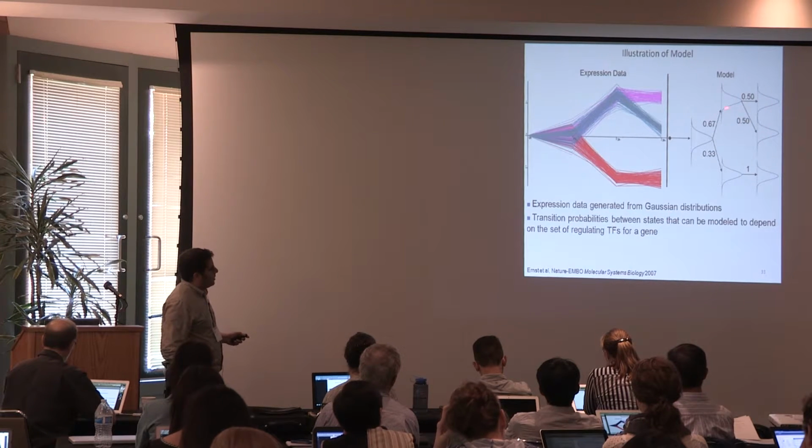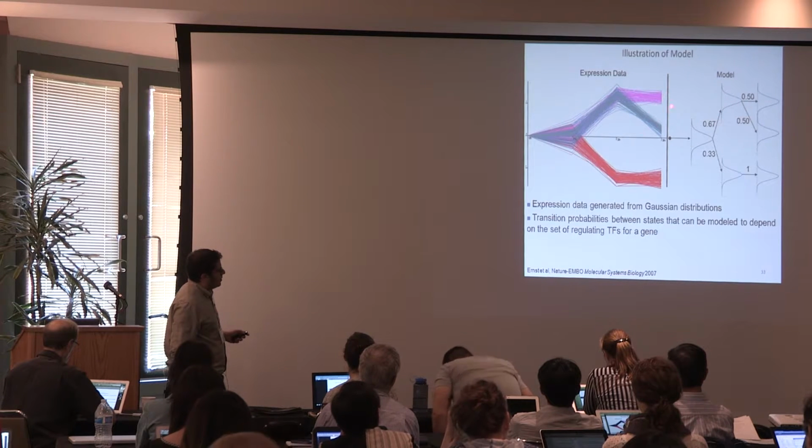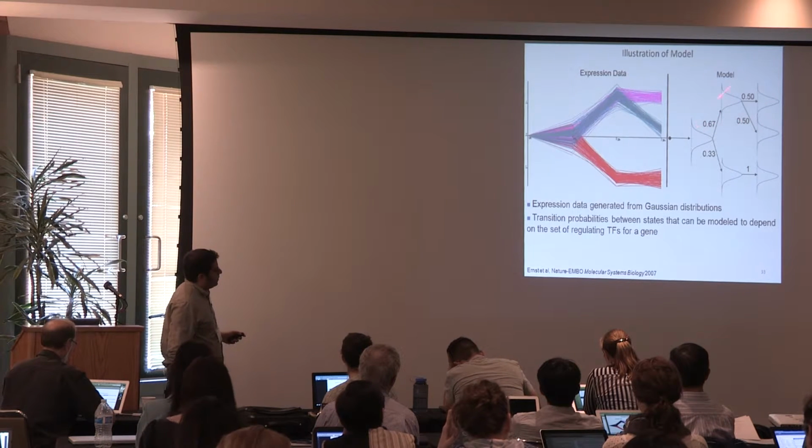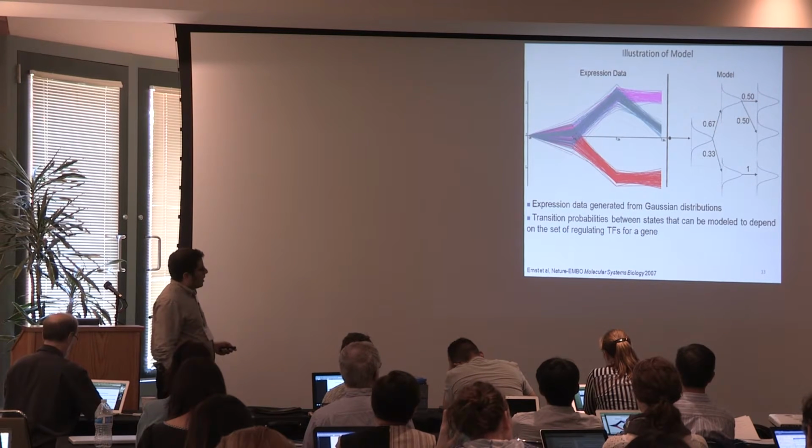If we didn't have any additional information about the transcription factors regulating the genes, and we assume an equal number of genes on each path, the transition probability would be 2/3 to go up here and 1/3 to go here, and 1/2 and 1/2 would be the most likely probabilities.